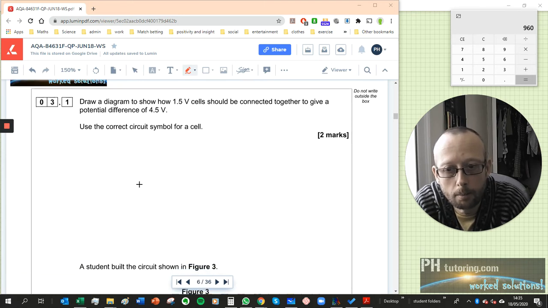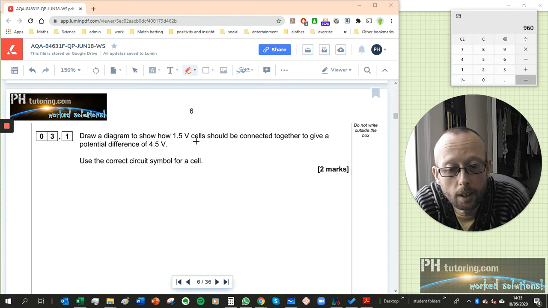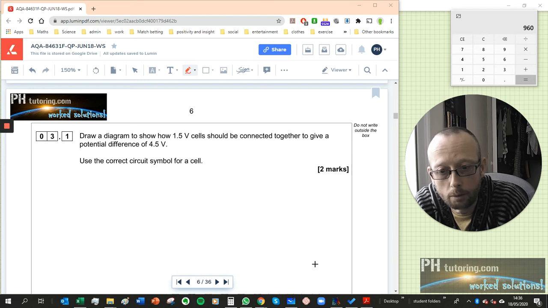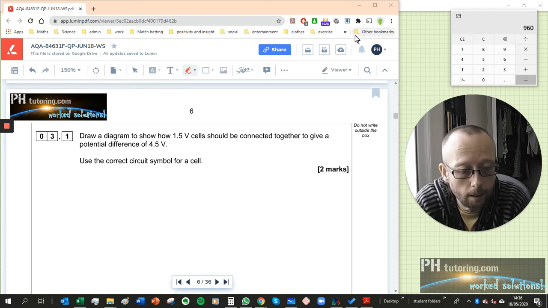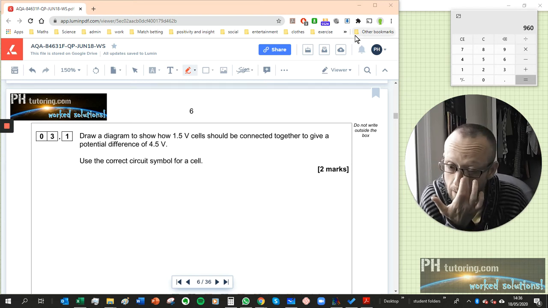So draw a diagram to show how 1.5 volt cells should be connected to give a potential difference of 4.5 volts. We don't have to actually draw the whole circuit here. We just have to draw enough cells. So a cell is part of a battery.